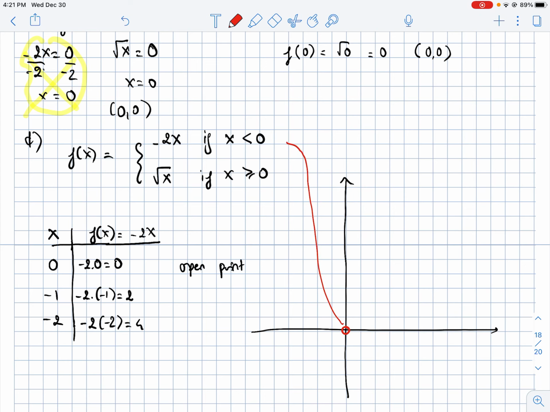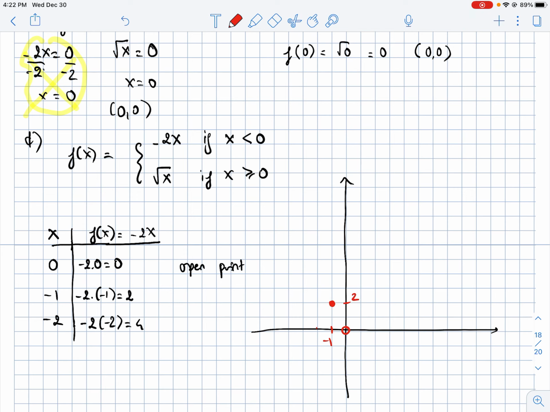For the first piece, (0, 0), and this point is open because once again the domain of the first piece does not take x equal to 0. So that point is not on the graph for the first piece.